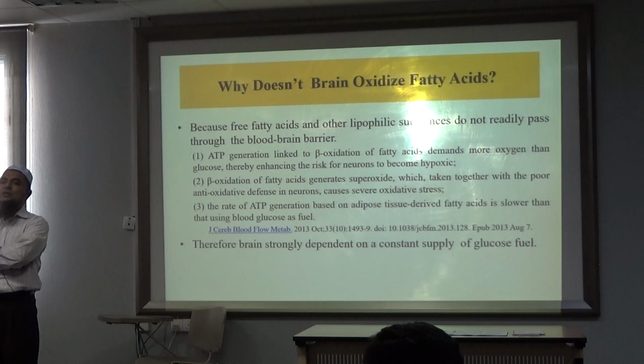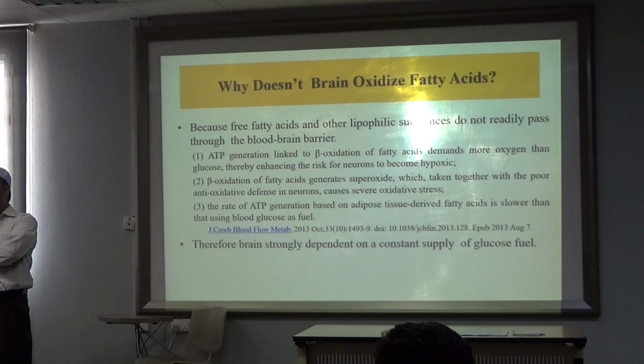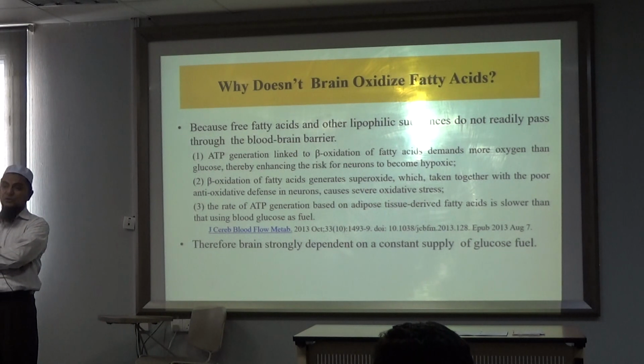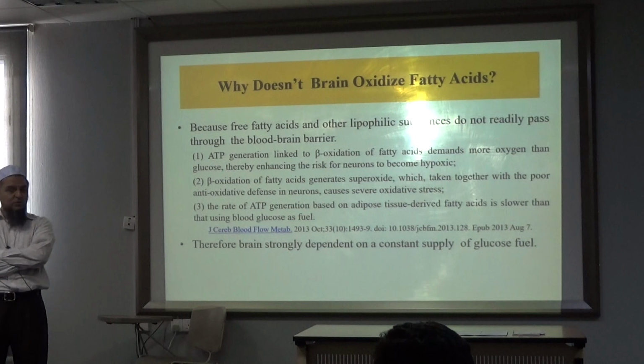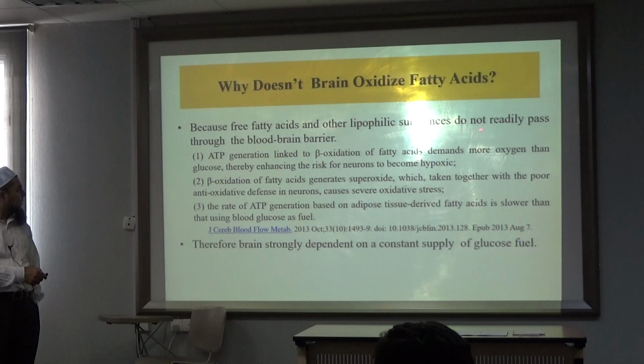So if the brain utilizes fat and it needs too much oxygen, the higher chances are that the neuron will become hypoxic. And you know that the brain is very sensitive to oxygen. So it will lead to hypoxia.